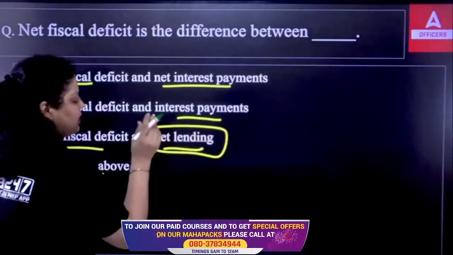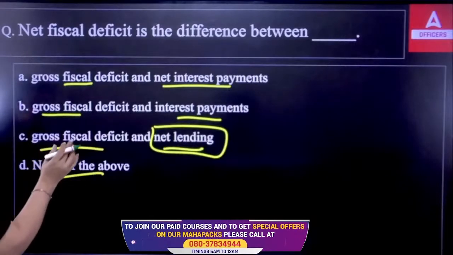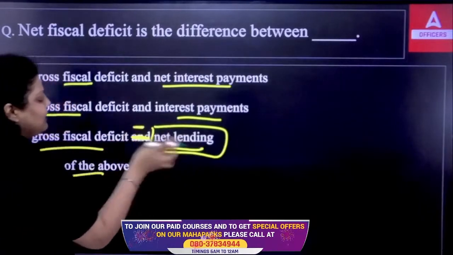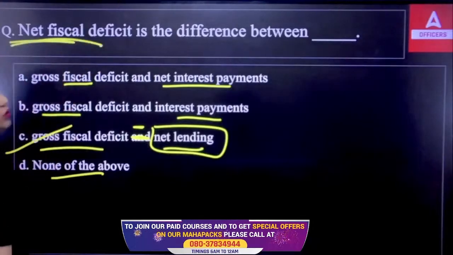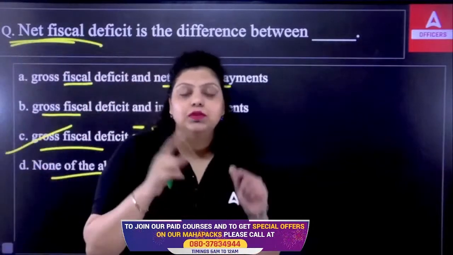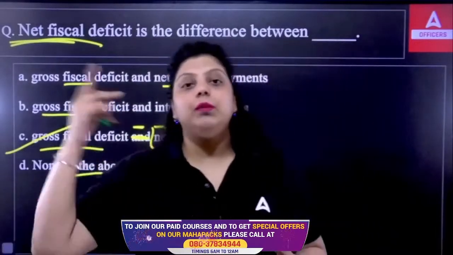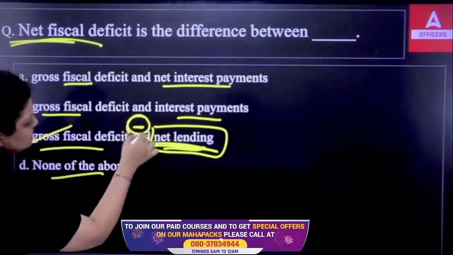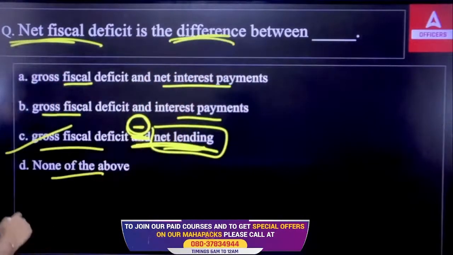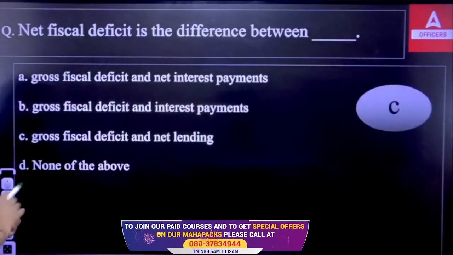When you subtract the net lending from the gross fiscal deficit, you will get the net value of the fiscal deficit. Because we have discussed that fiscal deficit is the total expenditure of the government minus the total income of the government excluding borrowing. So you have excluded the borrowings here, and that's why it's a difference. Clear? So the right answer is option C.